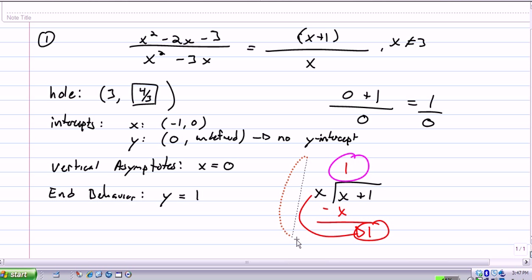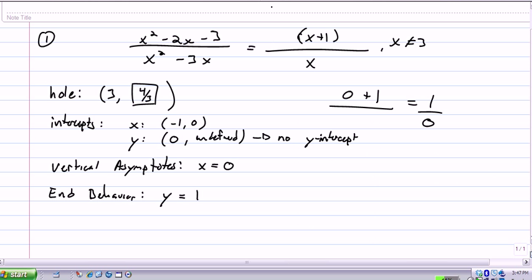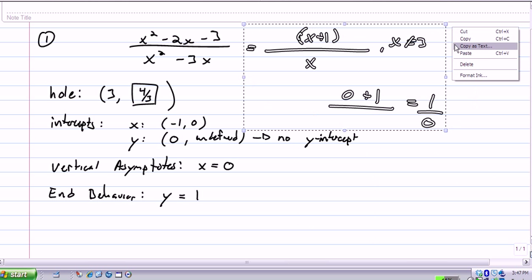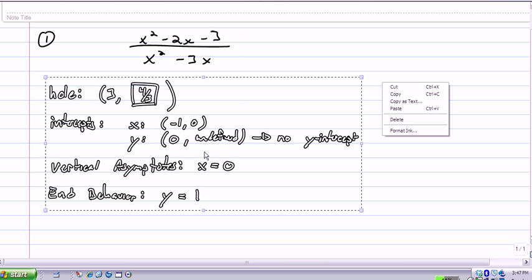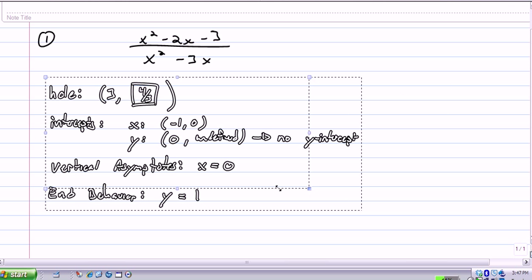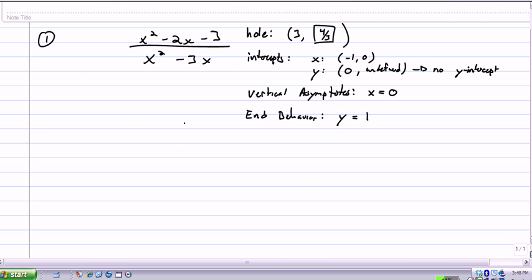So now we go to putting this all together on a graph. So get rid of this stuff. This is all my important information I'm going to use to help make the graph. Let's tuck this stuff up here. Okay, so I've got to sketch a graph.